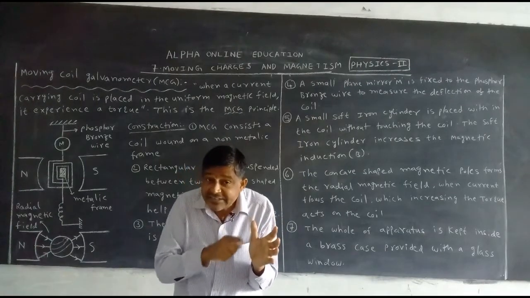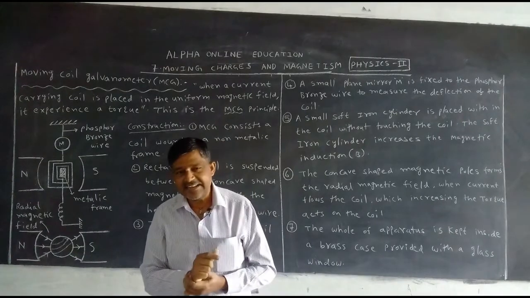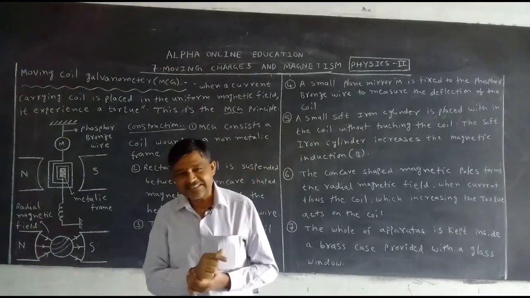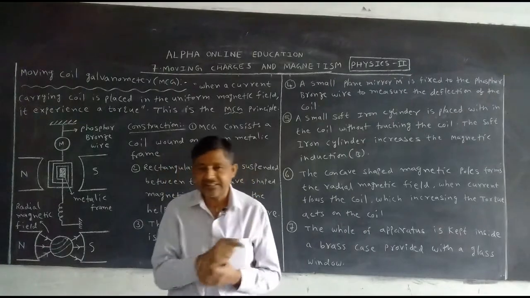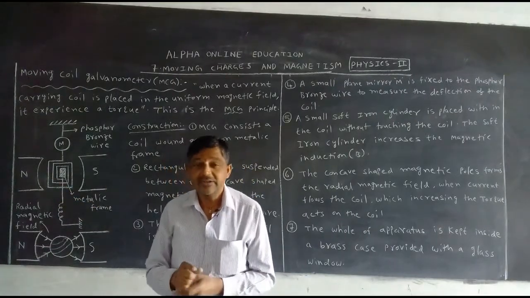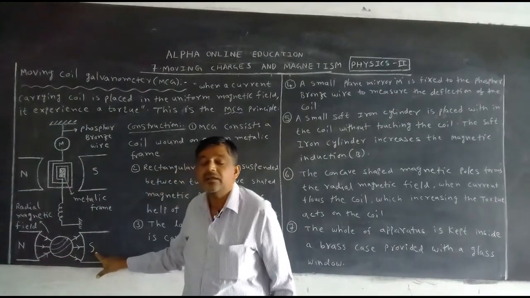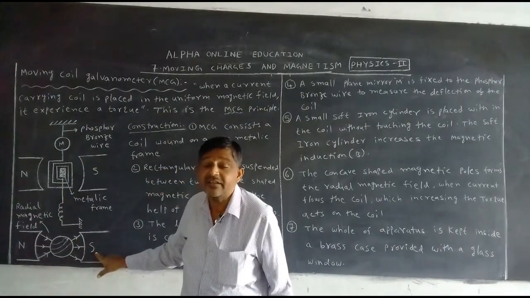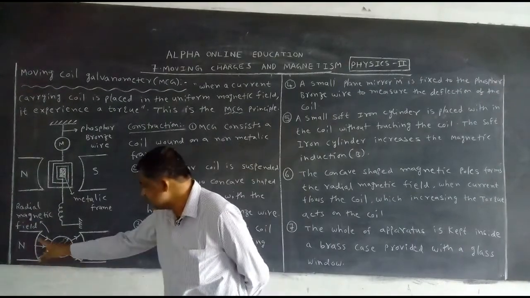When the current is passing through the coil along its axial line, the magnetic field increases. This magnetic field adds with the uniform magnetic field, so we get another magnetic field between the N and S poles, in between the concave surfaces of the magnetic poles. That is like this.